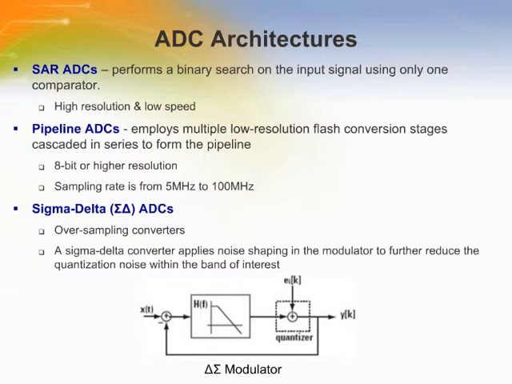Because the SAR requires n cycles to produce an n-bit resolution output, the speed of state-of-the-art SARs is often limited to several MSPS. The pipeline architecture employs multiple low-resolution flash conversion stages cascaded in series to form the pipeline. Pipeline ADCs have become the standard in data conversion applications at 8-bit and higher resolutions for sampling rates from 5 MHz to 100 MHz or more.